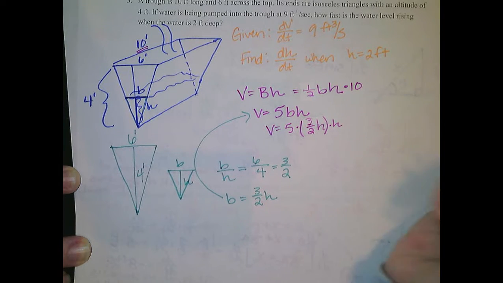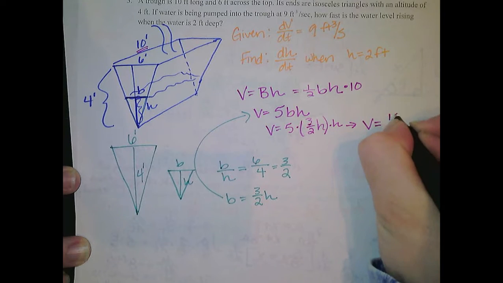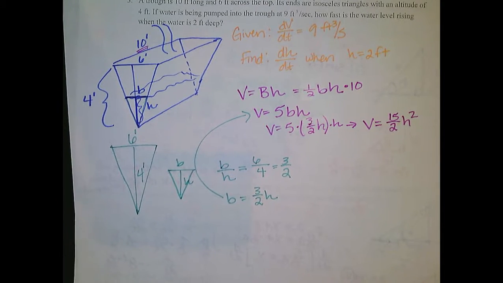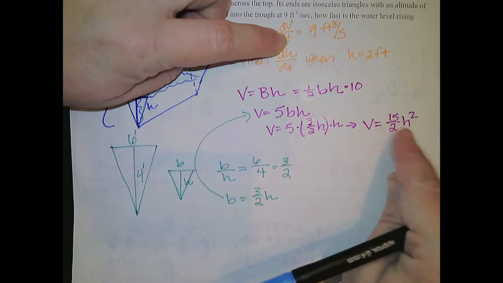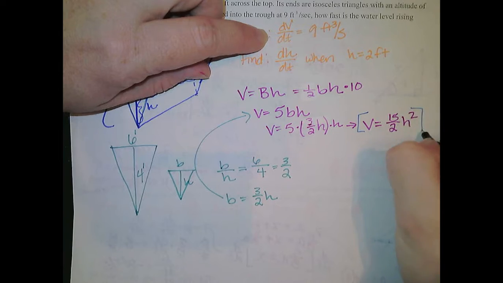So we get that the volume is 15/2 times the height squared. Now that we have an equation that relates V, whose rate of change we know, and h, whose rate of change we want to know, we're ready to differentiate everything with respect to time.